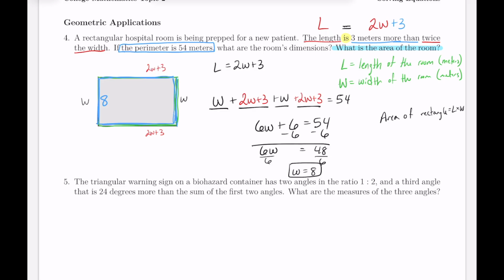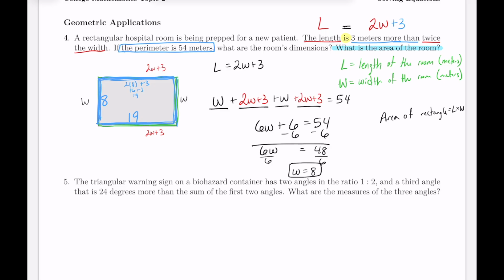What I need to know is the length. Well, this is going to be 2 times 8 plus 3. That's going to be 16 plus 3, or 19. There we go. So this particular hospital room is actually 8 meters by 19 meters.